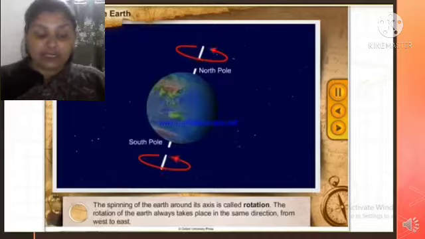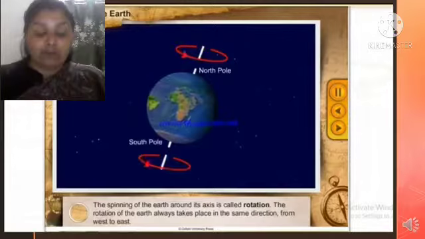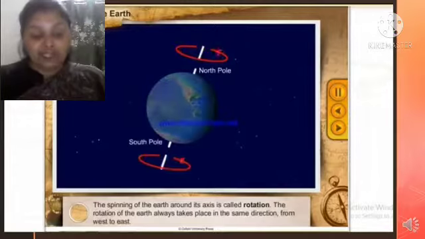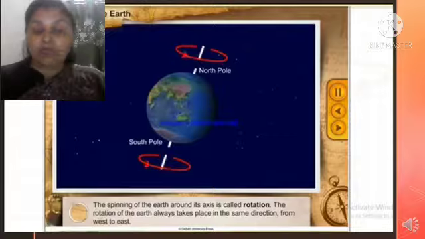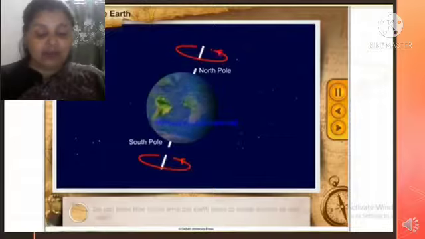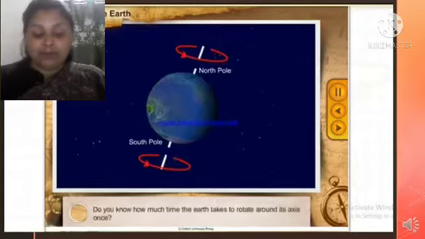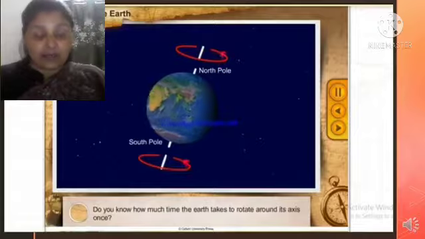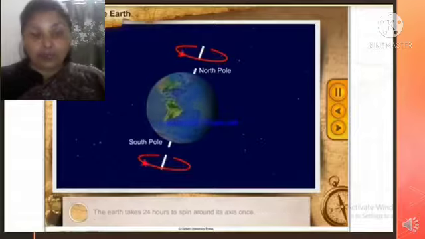Motions of the earth. Many life forms live on the earth, such as human beings and vegetation present around the whole world.